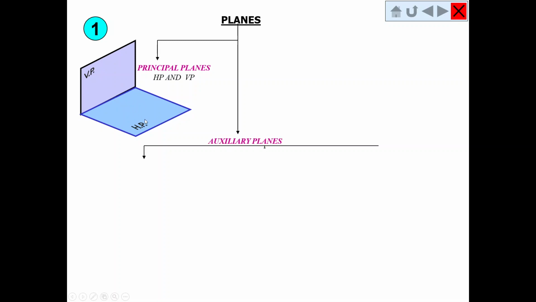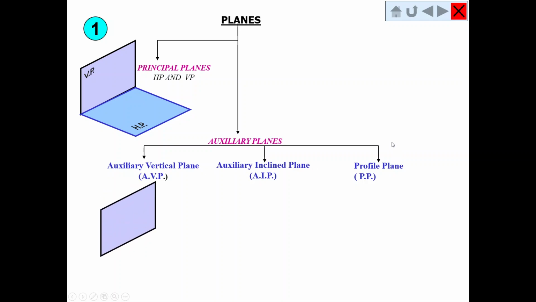Then there are auxiliary planes, which we are going to discuss later on, including what is meant by an auxiliary plane and its types. Just for example, here are the auxiliary vertical plane, auxiliary inclined plane and profile plane.